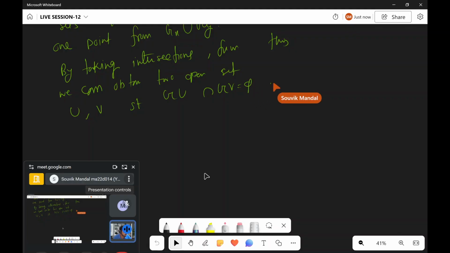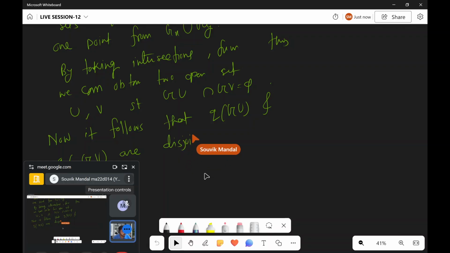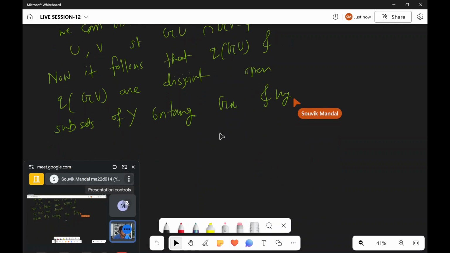And now it follows that q of G of U and q of G of V are disjoint open subsets of Y containing [x] and [y] respectively.